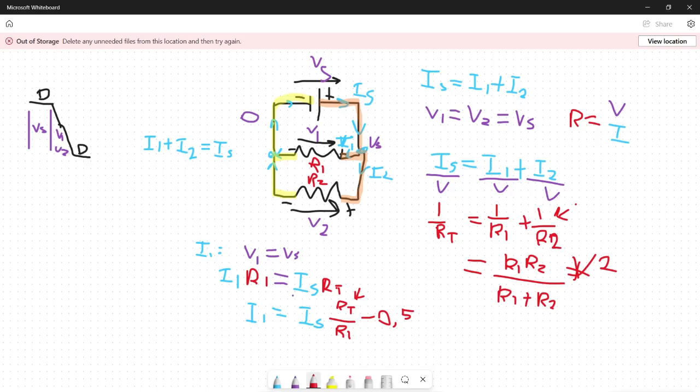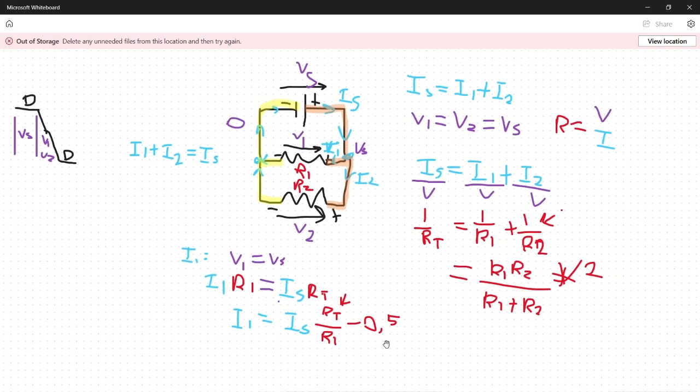I'm not sure if I explained that well, but basically, since the total resistance is always lower, we're going to get a fraction, and that means we'll get a lower number here. With voltage in a series circuit, that number is always going to be greater. The total resistance will always be greater than the resistances it's made a part of.